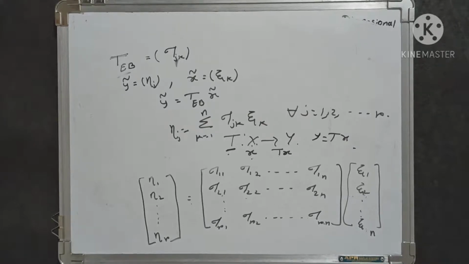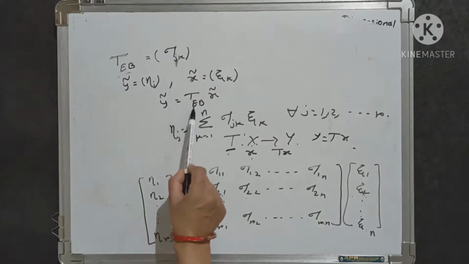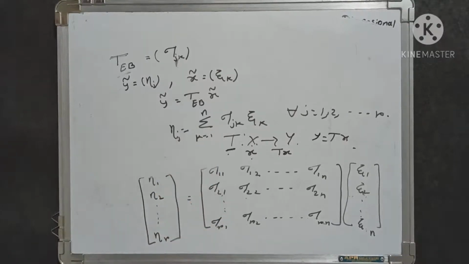In this way we see the point about linear operators on finite dimensional spaces. Here again, one point is that we write y tilde equals T_EB times x tilde.